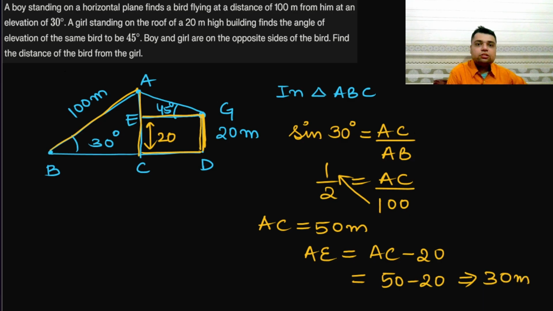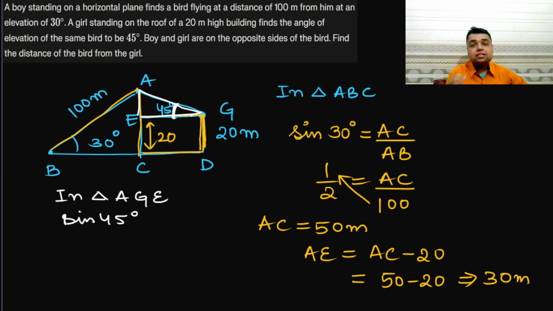Now talking about this smaller triangle A, E and G, this is 45 degrees given to me. So in triangle AGE, we need to find sine 45, because we need to find AG, the distance of the bird from the girl, right?